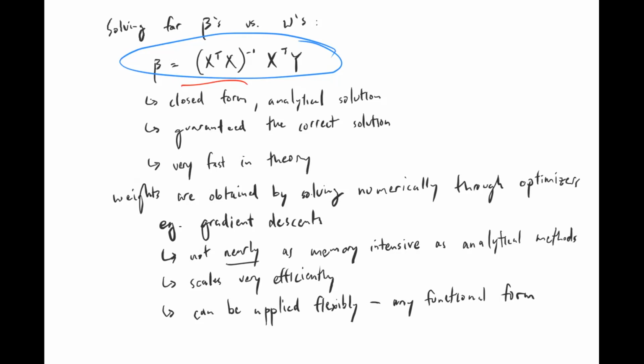By using gradient descent, essentially what you're doing is a smart version of guessing and checking. You're looking at the gradient, the derivative of a function, and going in the direction where you're improving.